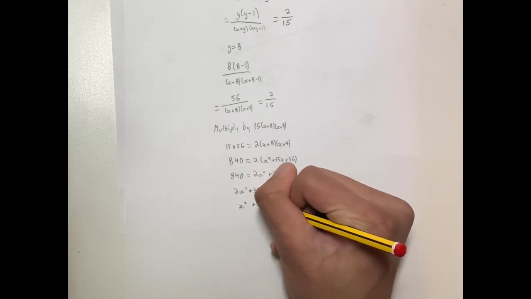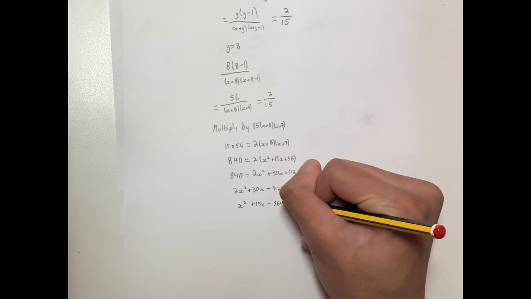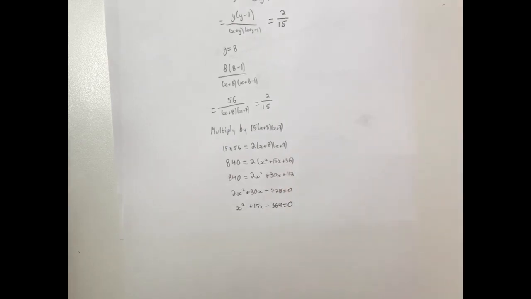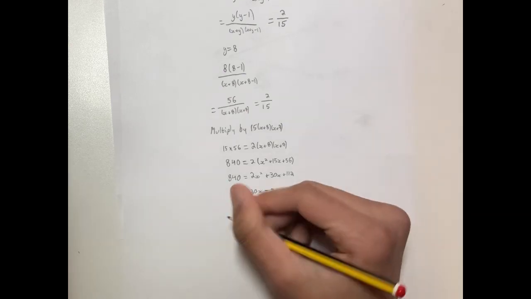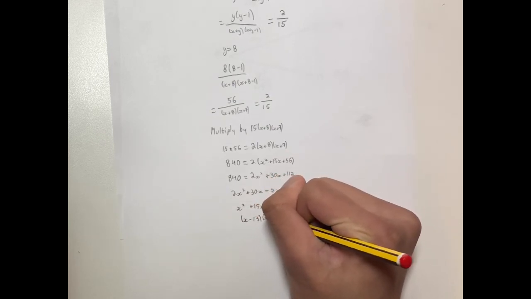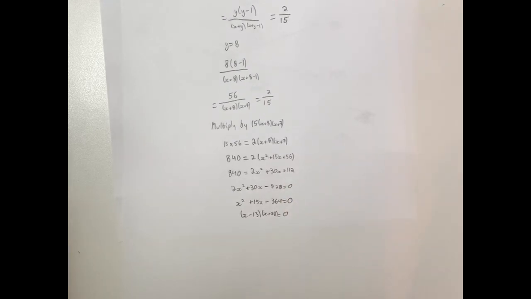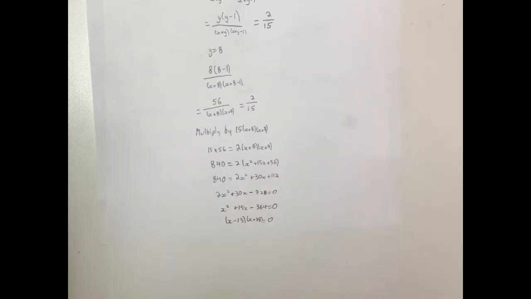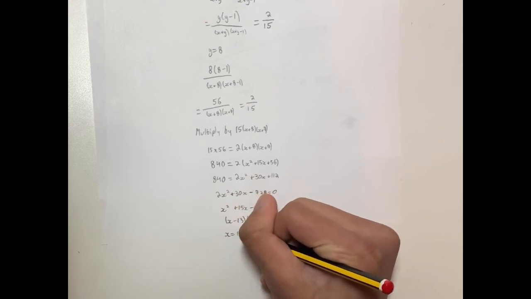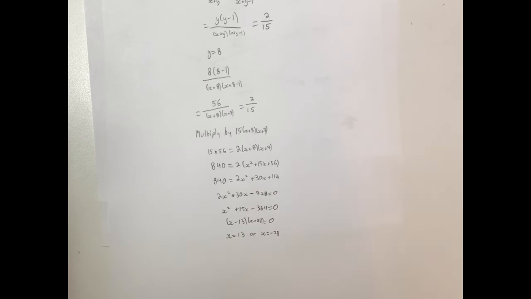Here we divide the left-hand side by 2 and the right-hand side by 2, giving us x squared plus 15x minus 364 equals 0. This can be factored to x minus 13, x plus 28 equals 0, which gives us the solutions x equals 13 or x equals minus 28.